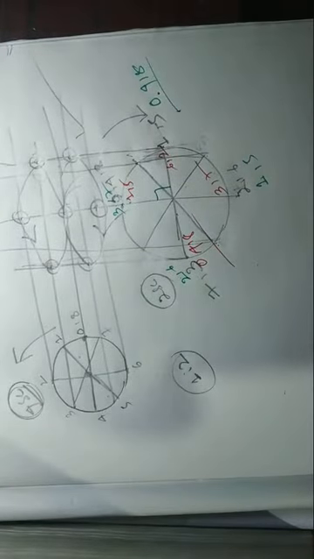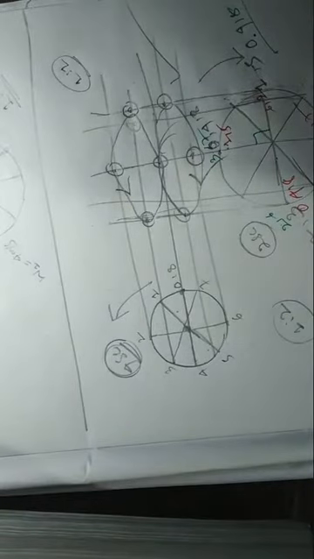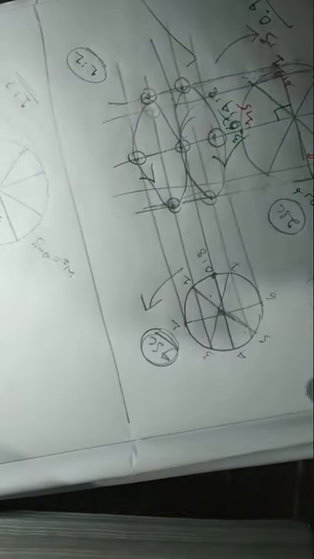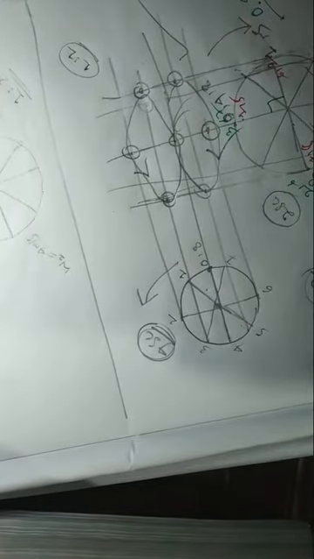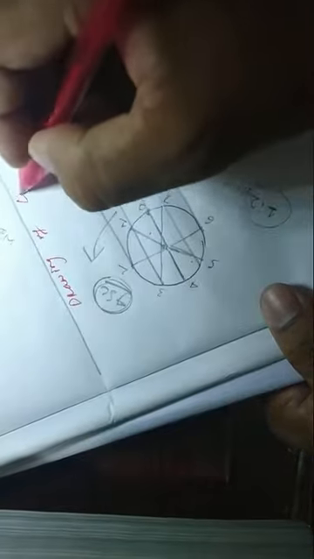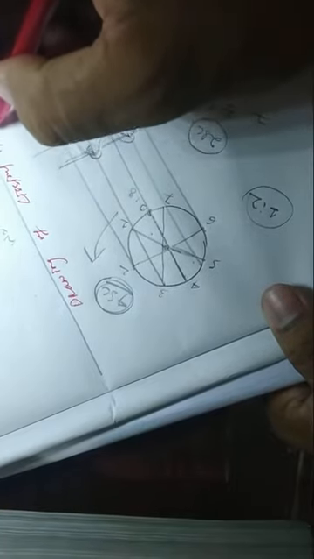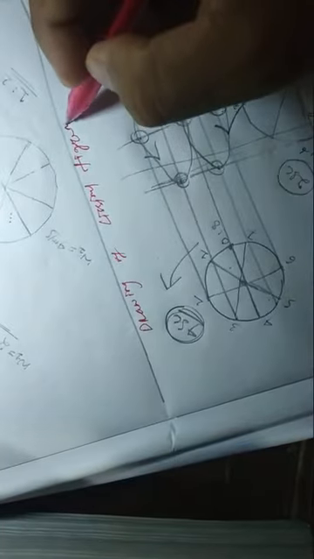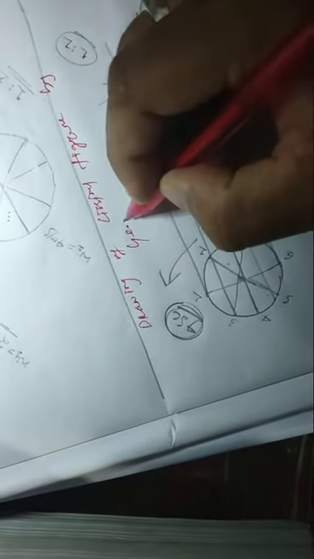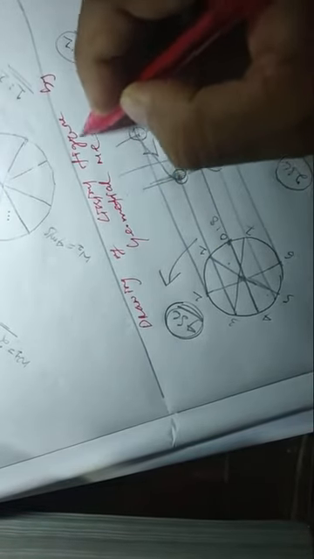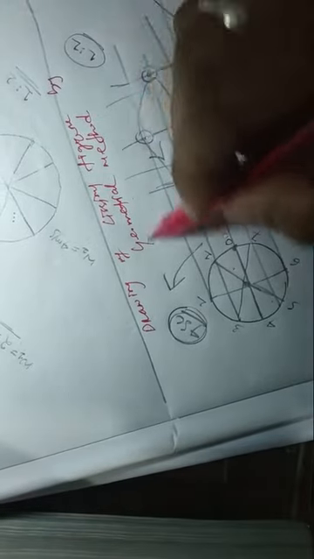In this way, if you finish your numbering, the next work is to join point to point. So today's work is that you check your notes with the video first, the mathematical derivations, then write the heading like this: drawing of Lissajous figure by geometrical method.